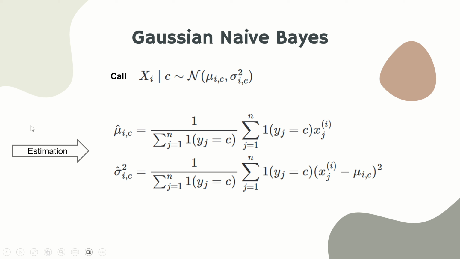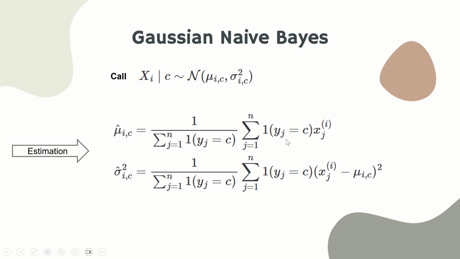And the estimation part I have shown you. It's not really hard at all. It's just using MLE. Just add up the values that have label C in the ith position, divided by the total number of data that have the label C. That's how we estimate mu, and similarly, that's how we estimate sigma, the standard deviation.